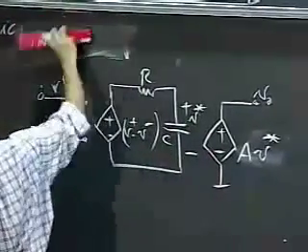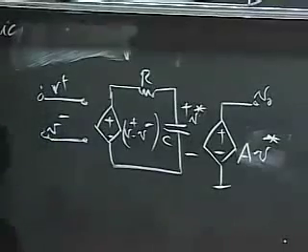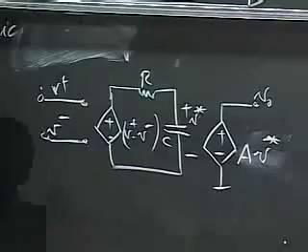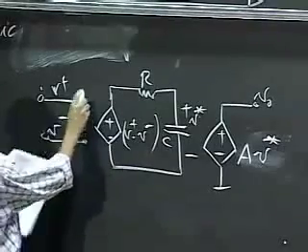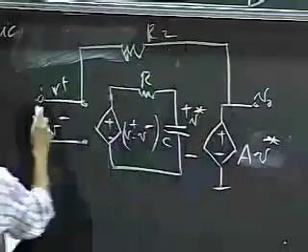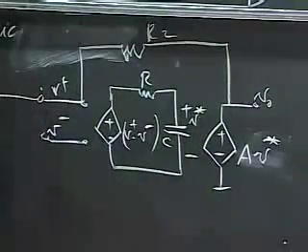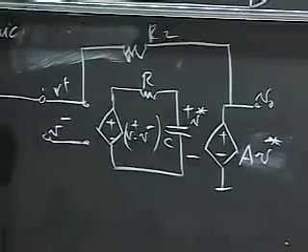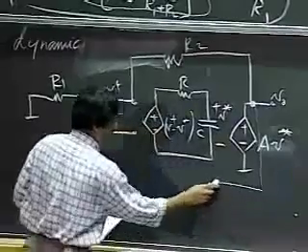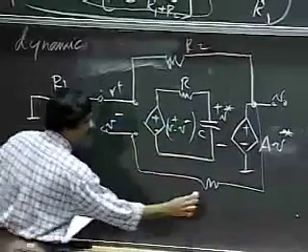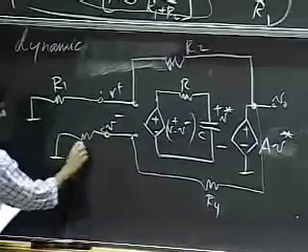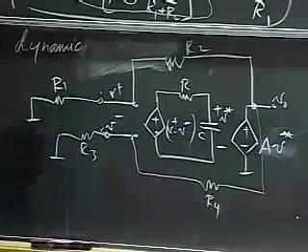So to save myself some effort, let me just go ahead and modify this circuit directly. So I get an R2 here, an R1 here, and then up here, I get an R4, R3 here.